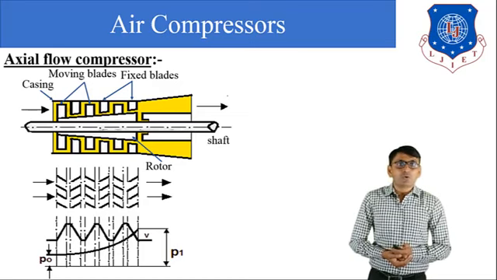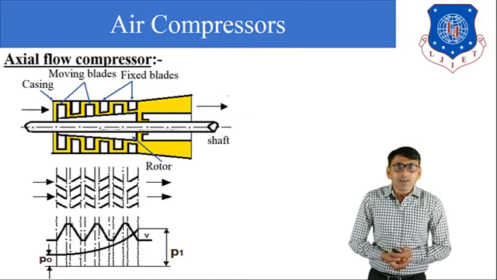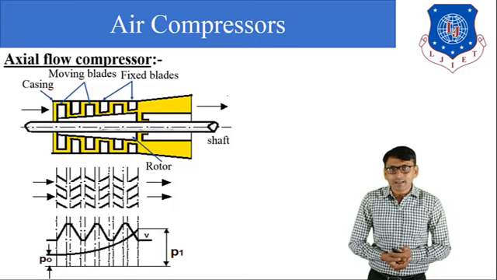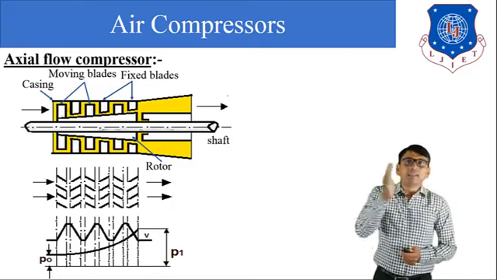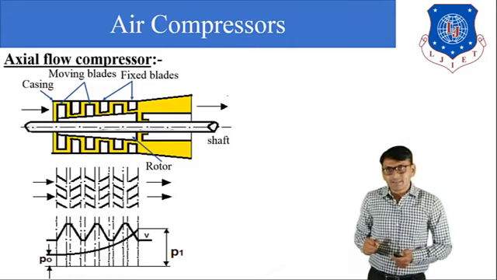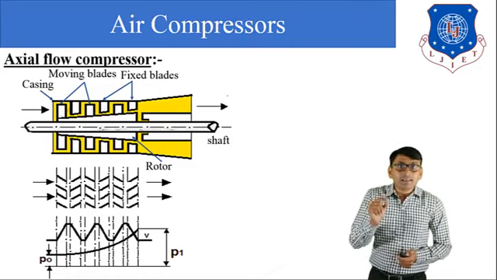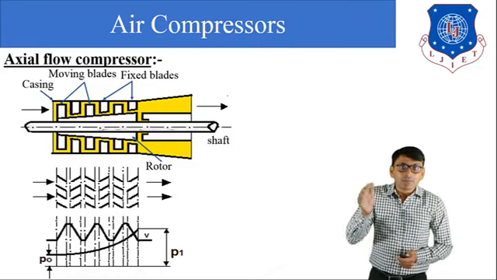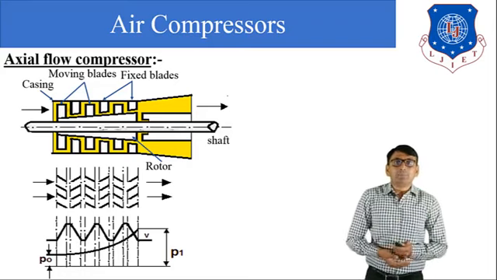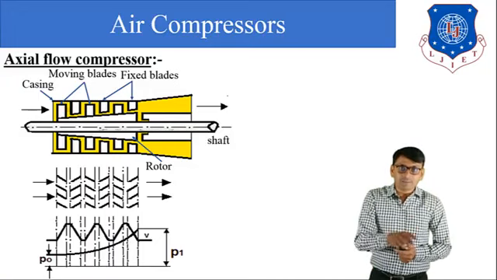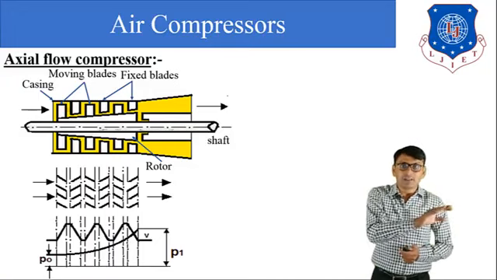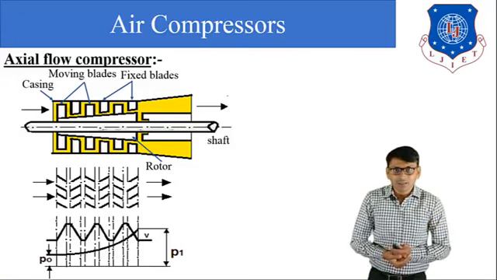Due to rotation of the shaft, the rotor also rotates, and due to rotation of the rotor, air enters into the casing. Now this air passes through a moving blade, then a fixed blade, then a moving blade, then a fixed blade alternately.